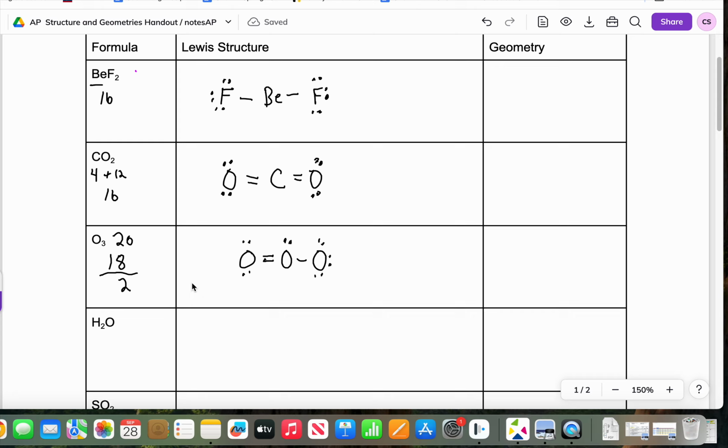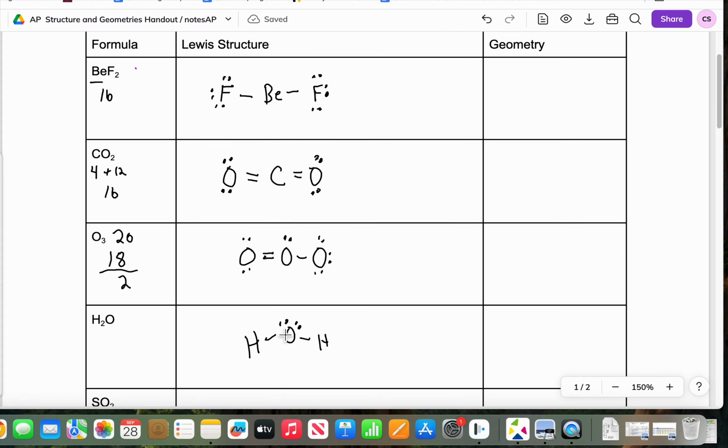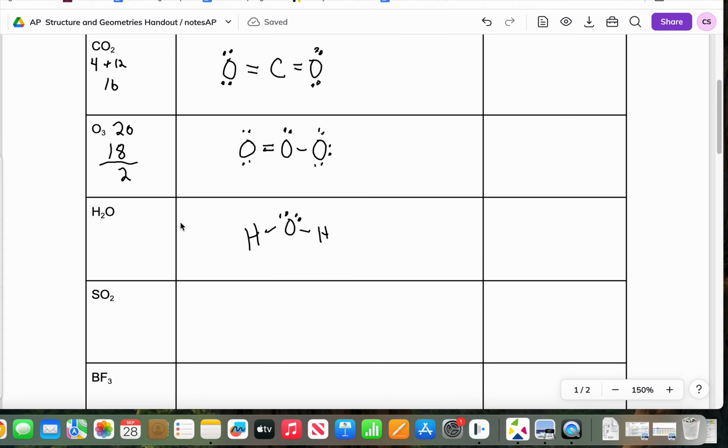Now that's how I draw Lewis structures. And so that's the correct structure for O3. My bad. All right. Now H2O, you should probably know how to draw that, but it's H, O, H, and then lone pairs. Now I like to draw it like that. And then let's see, SO2.